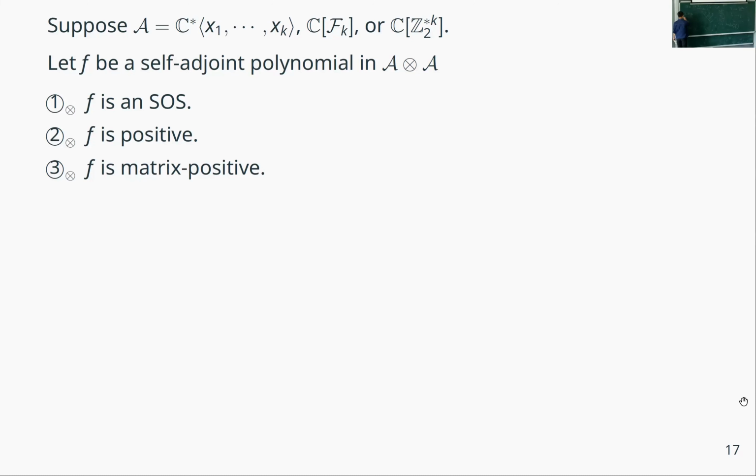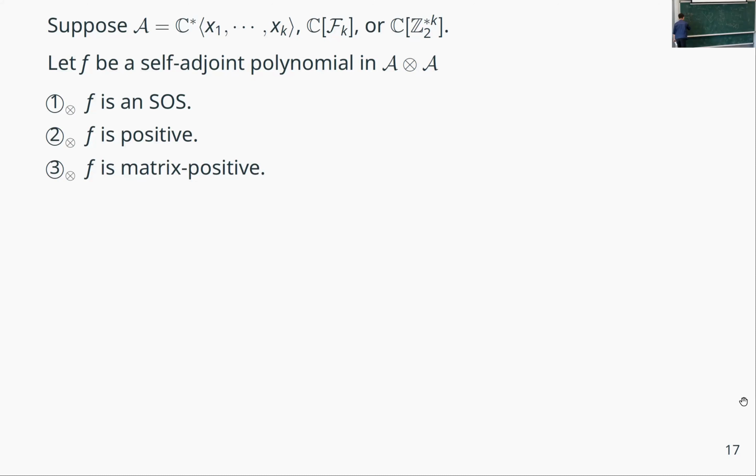First, you can send x1 to some matrix x1, and y2 to some matrix y2, and in this case this polynomial will be sent to x1 tensor product y2. But we know at the group algebra level, the tensor product is essentially commuting relations. So you can have another way to plug in matrices.